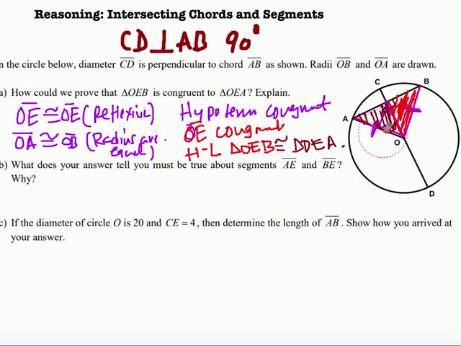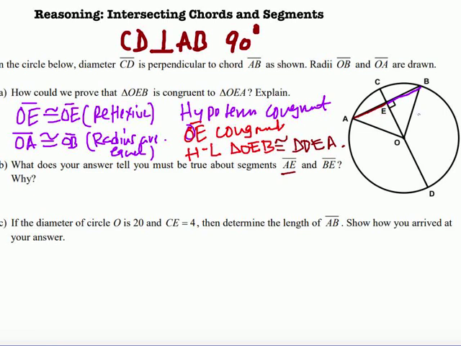Now for part B, what does your answer tell you must be true about the line segments AE and BE, and explain why? For now, we know the triangles are congruent. Now we want to know what that means. What does that tell you about this line segment AE and this line segment BE?